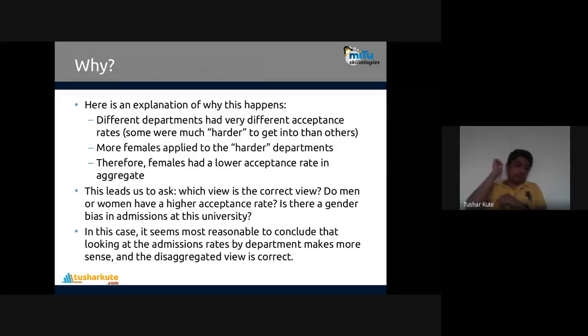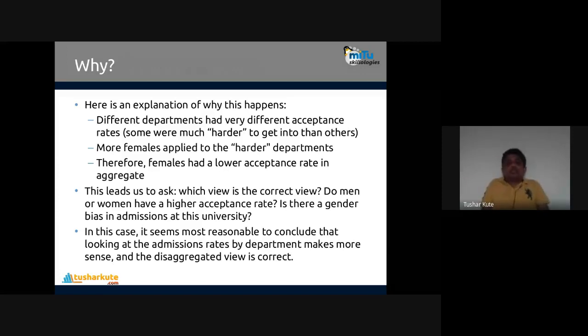Why exactly does this happen? We have one more example and we'll talk about that. But why this happens? Different departments had very different acceptance rates. Some were much harder to get into than others. Every group has different scenarios, conditions, and attributes. Overall is different and the individual group is different.